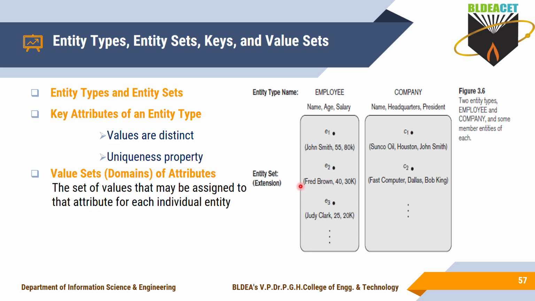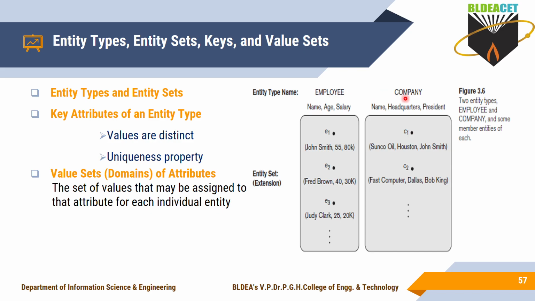E1, E2, E3 are a group of entities which share the same or common attributes or common structure. Such entities you group as an entity set, and you give it the name entity type. Employee is the entity type.